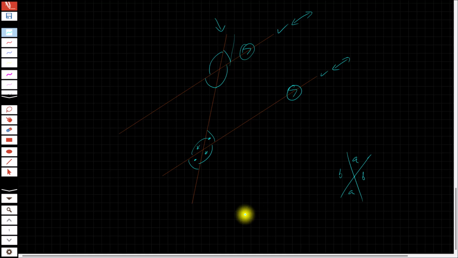Another one we can use is if we have a straight line, we know that going back onto itself is 180 degrees.